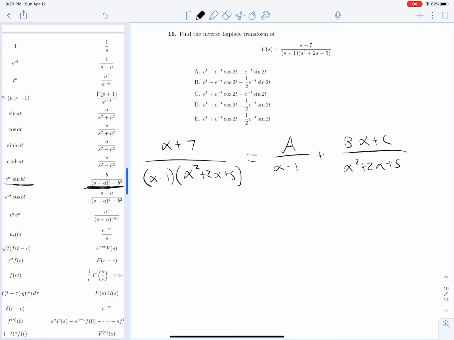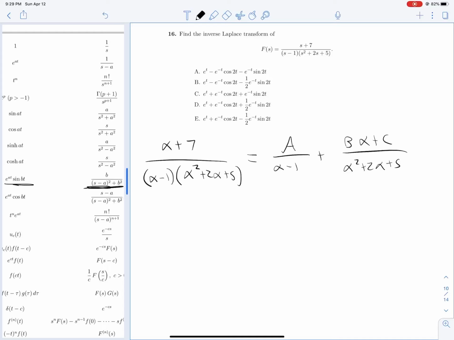Excuse me. Just to pause for a second, the reason that we're okay with having a term so big like this is that usually we want to split things up so that we just have alpha minus some constant. That's a form that we really like to see.